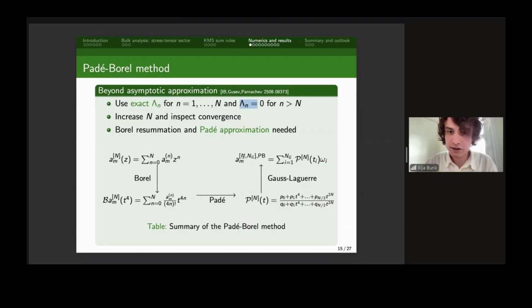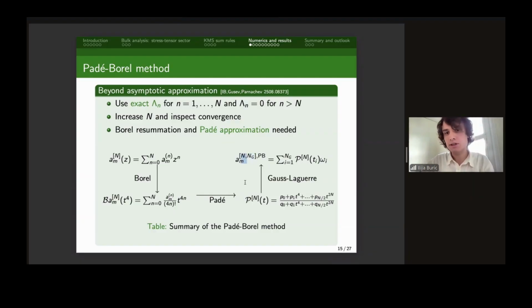And this result depends on the capital N that we took. NG is just a parameter of the numerical method we use to do the integral, but you can ignore it, it's not important.